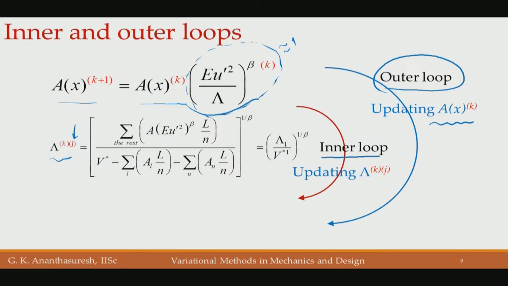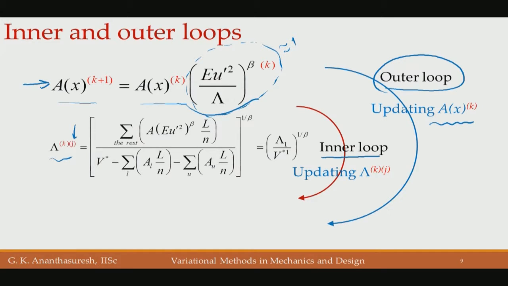Why do we need to update lambda? Because when you update A k plus 1 in this manner, area in some portions can exceed the lower bound or upper bound. Then you have to push up in the case of lower bound being exceeded, or push down in the case of upper bound exceeded.